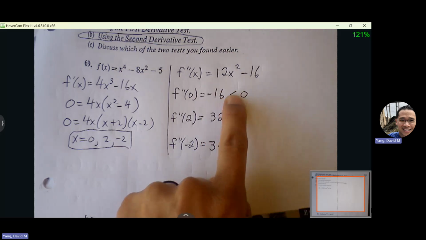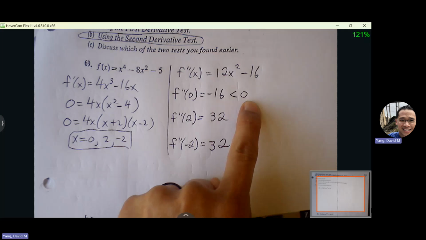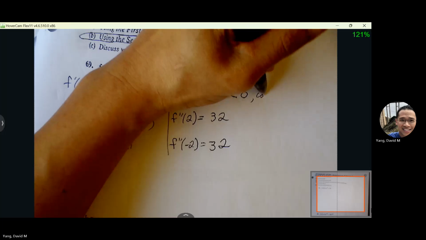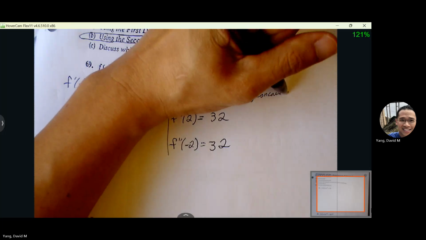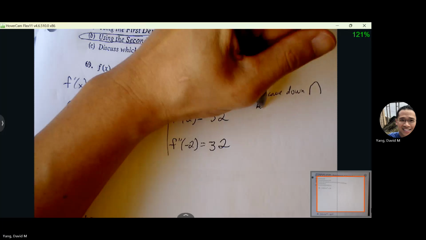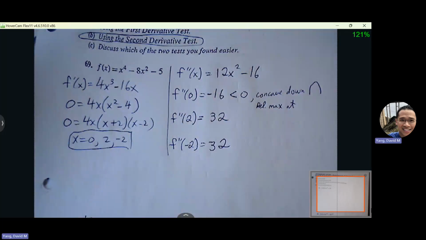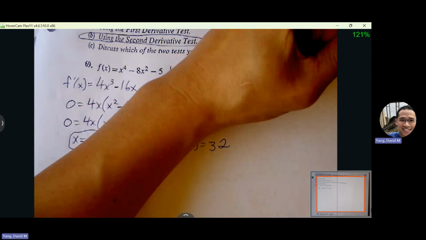That's less than 0, so that tells me what? Concave down. If it's concave down, I must be staring at a relative max. Good. We don't know the y value, so just say relative max at x equals 0.